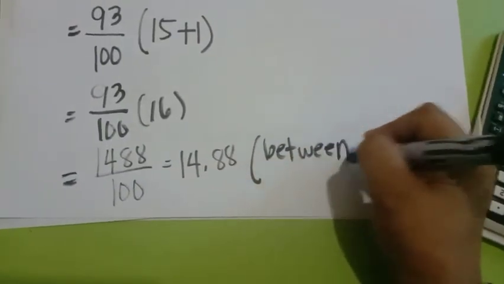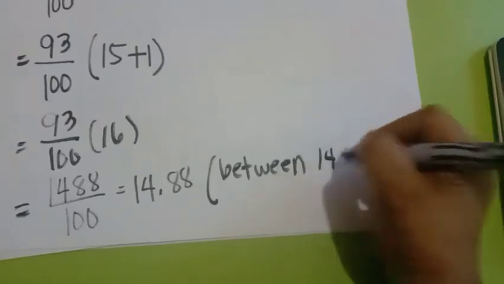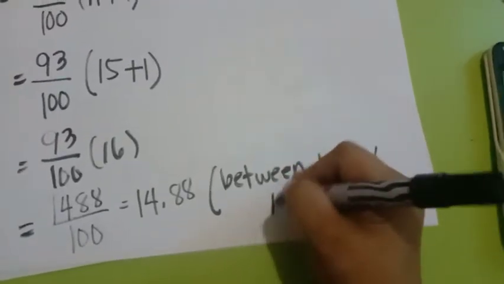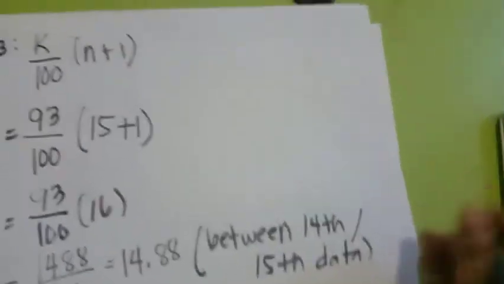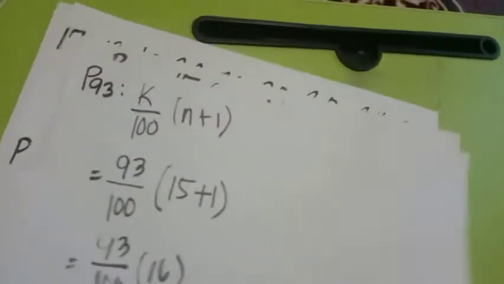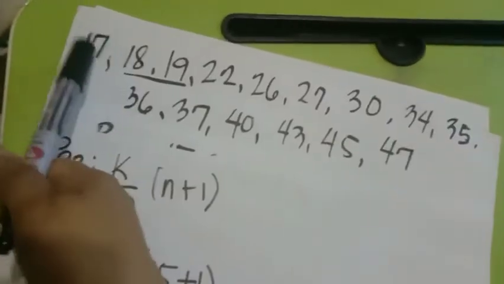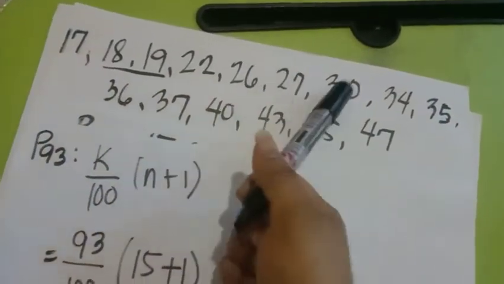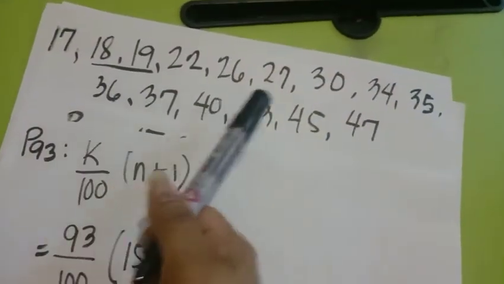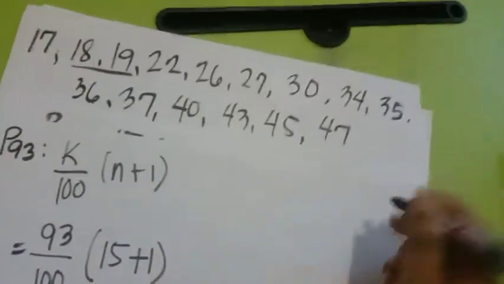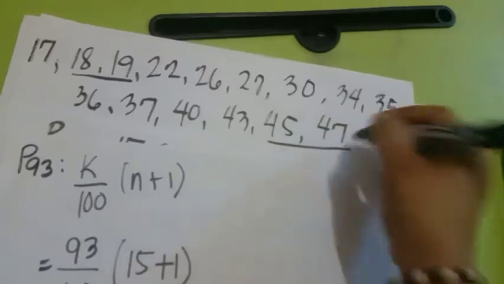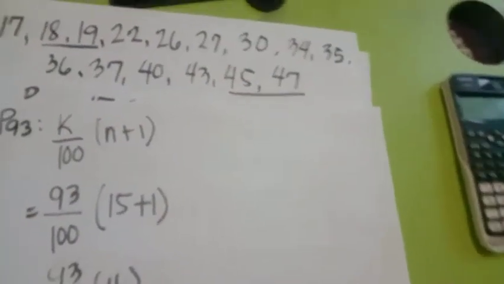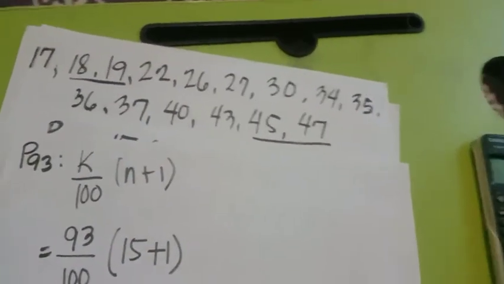Therefore, yung P93 can be found between the 14th and 15th data. Magbilang tayo kung ano yung 14th and 15th data. 1, 2, 3, 4, 5, 6, 7, 8, 9, 10, 11, 12, 13, 14, 15. Yung dalawang nasa dulo, tama kasi 93% na siya, nasa upper half na siya nung mga data ninyo, mataas na.